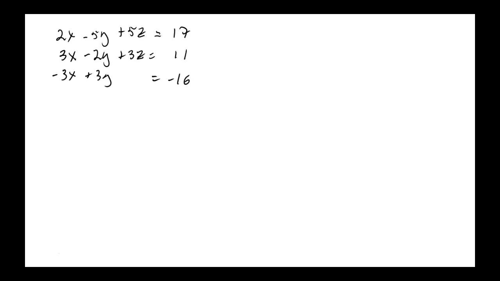And that might be a better way of doing it. Or, if you divide the third equation by 3 or minus 3, I'm going to go with minus 3, then you have a 1, a minus 1, and a positive 16/3. Well, that's a lot better than 3 fractions, because we only have 1.